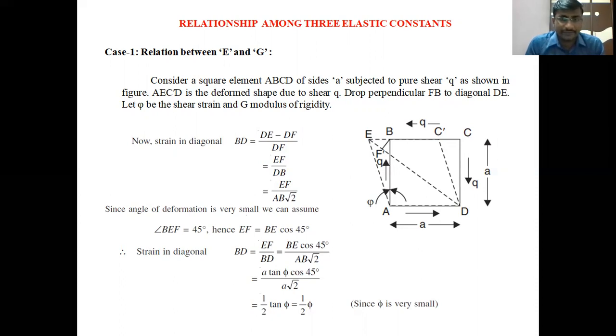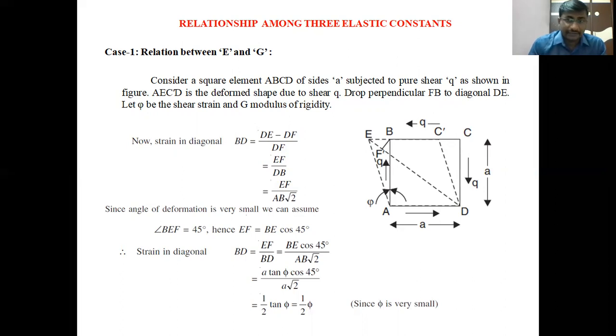What is the relation between E and G? E is the Young's modulus, G is the rigidity modulus or shear modulus. Let us take a diagram, a square on which the shear stresses are acting. Q is the shear stress on the surfaces.